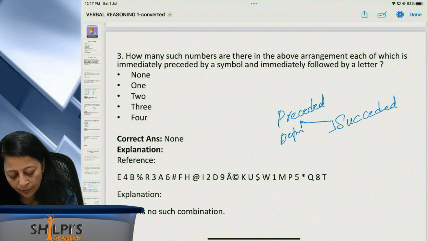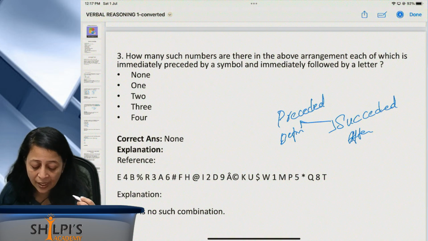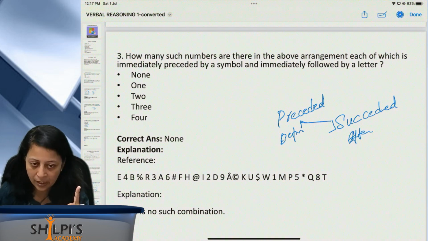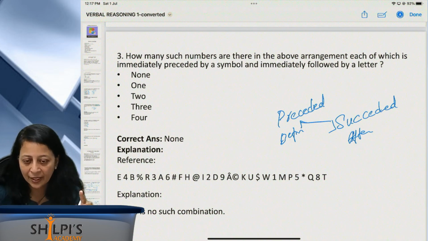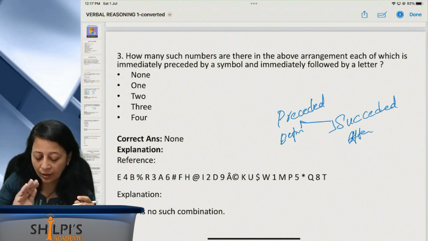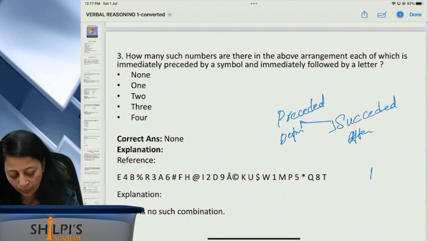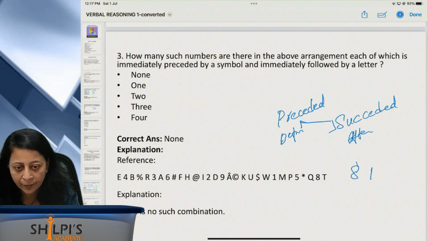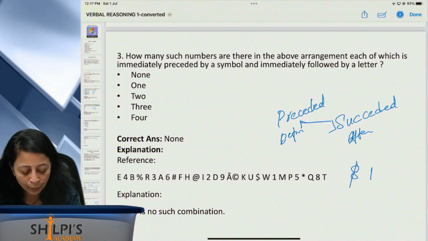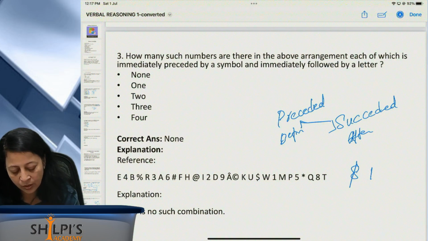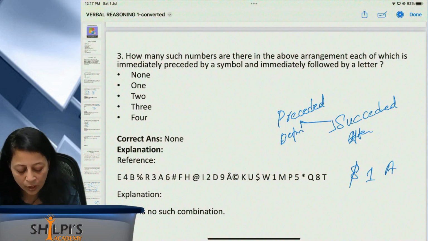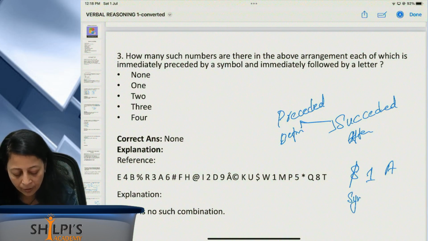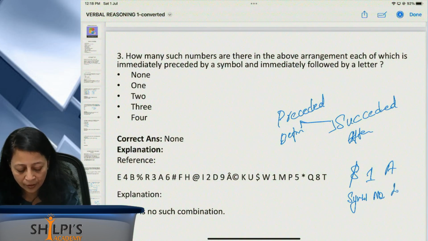Only numbers, each of which is immediately preceded, means before a number. Suppose it is like 1, it should be preceded by a symbol and immediately followed by a letter. So some number and some alphabet like this. So a number should be preceded by a symbol and followed by a letter.